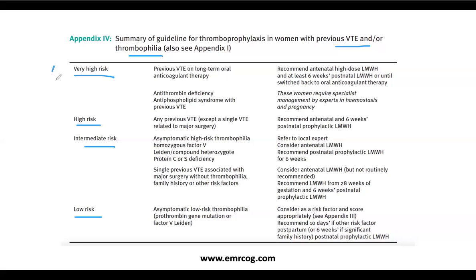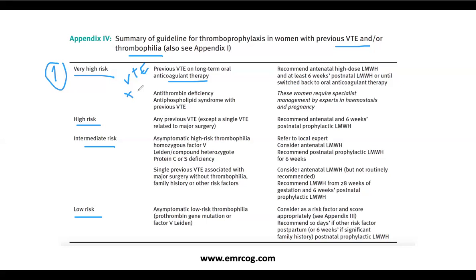The very high risk group is a woman who had VTE previously. So she had the personal history herself. She had VTE risk, plus she is on a long-term oral anticoagulant. Oh my God. So that means she is at higher continuous risk for VTE.